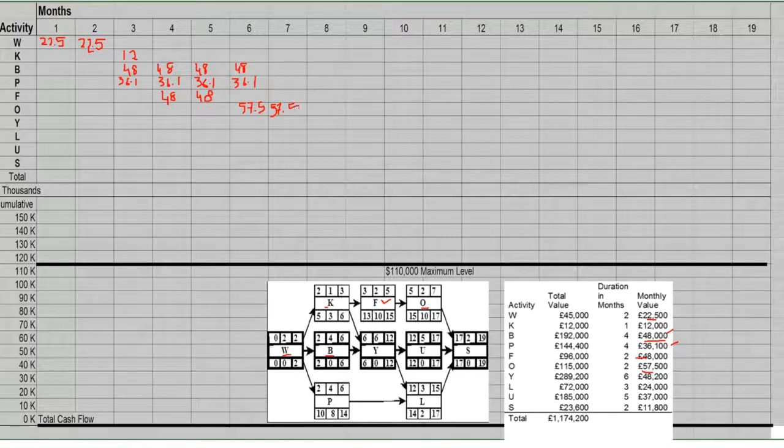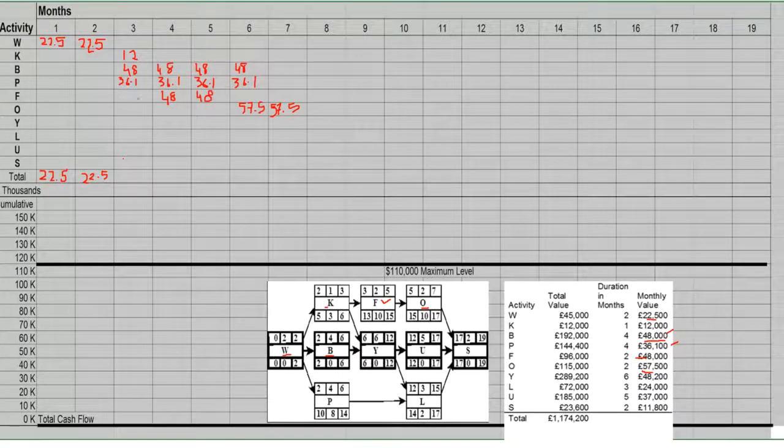Right, so you have got a basic idea about how we are going. Now we could have an idea about the expenses in the initial months. So we can see that in the first month we are incurring 22.5 thousand pounds. In the second month we are incurring 22.5 once again.